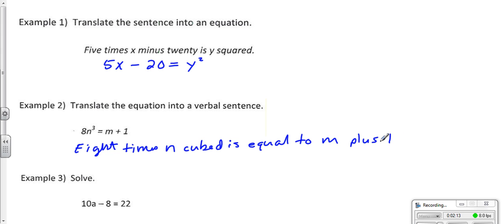Now there's quite a few different ways we could write this. We could say 1 more than m, or the cube of n, but in essence they are the same.